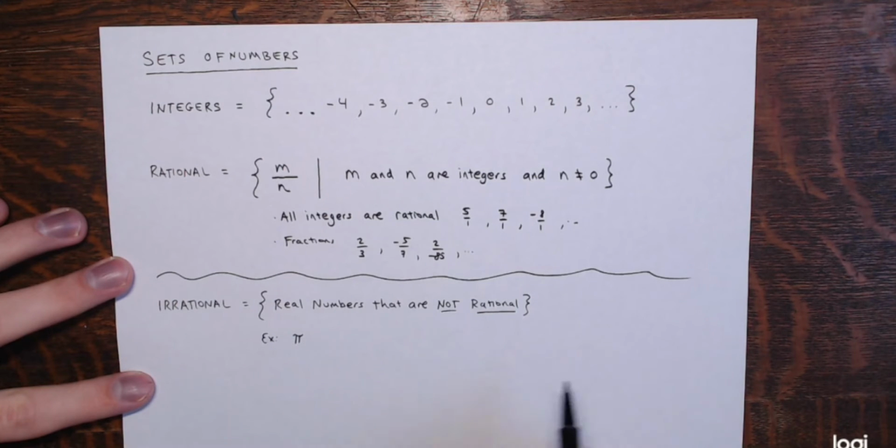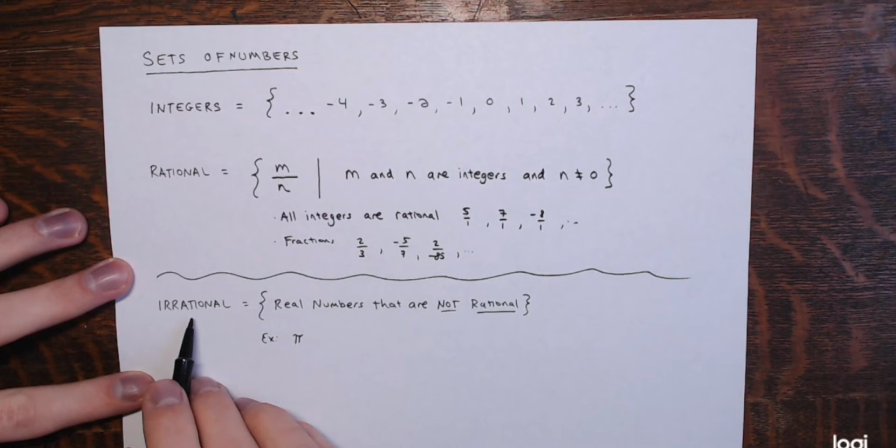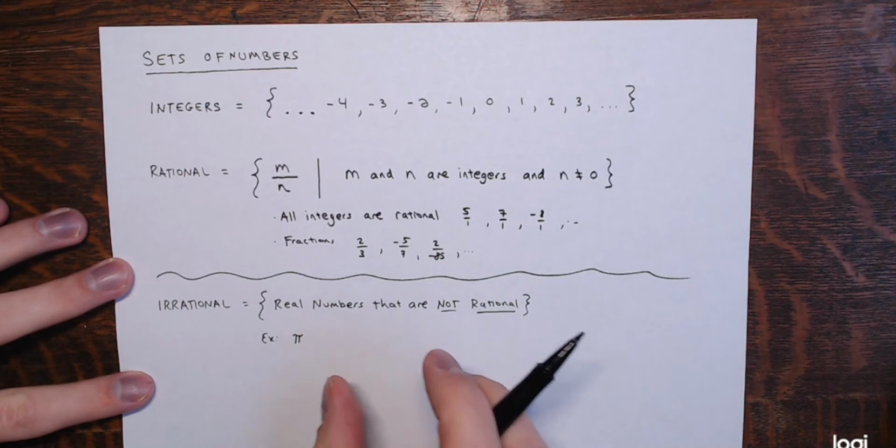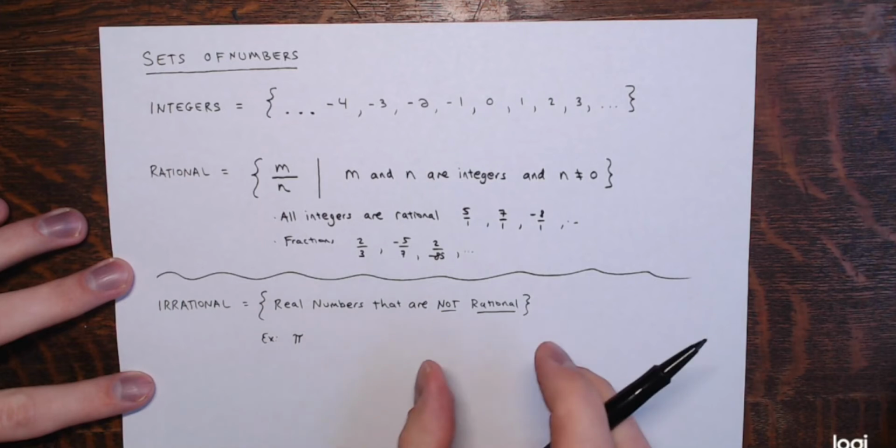It just goes on forever without ending, without repeating. And that's the thing about irrational numbers: if you write them in decimal form, their decimals never end and they never repeat. Right? Parts of them may repeat, but there's never a sequence of digits that repeats forever.